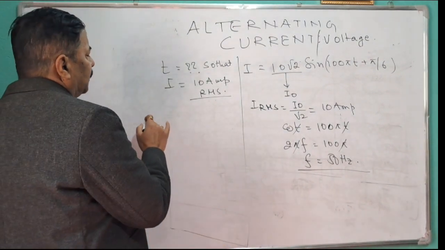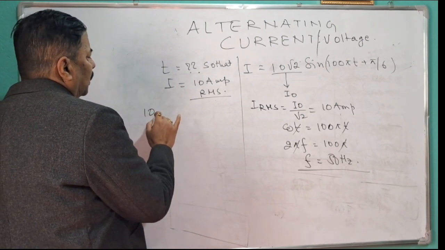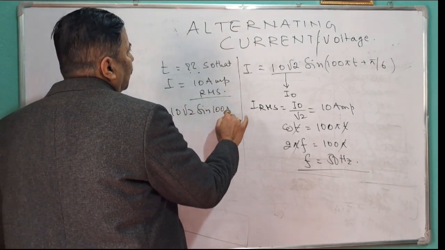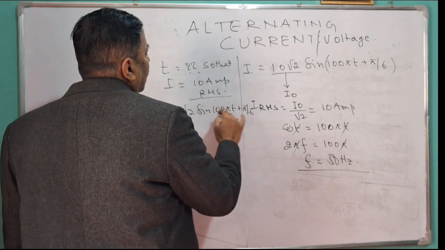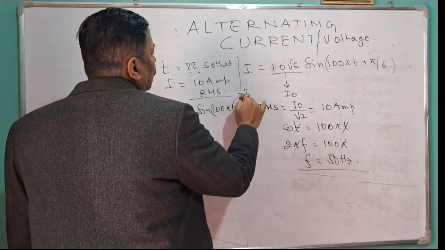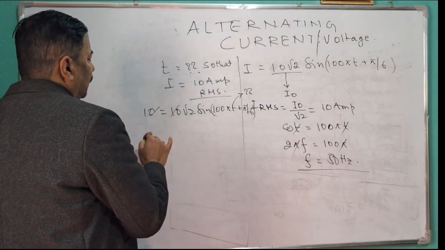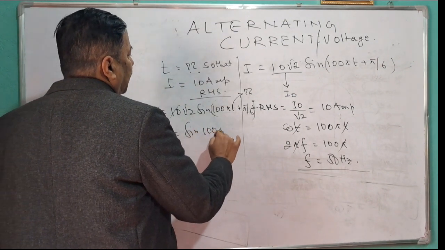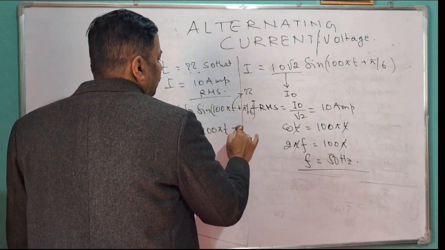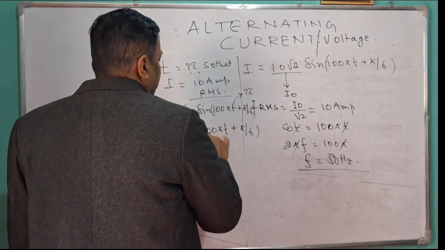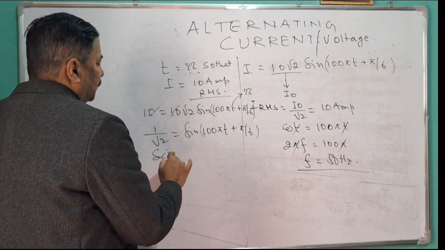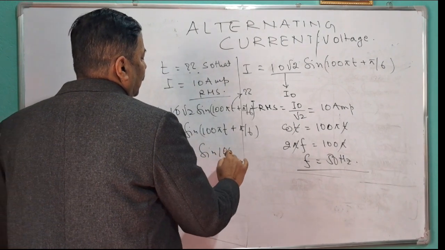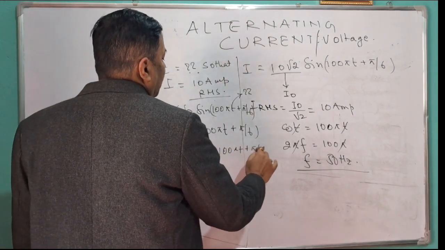So in this situation, 10 is equal to 10 root 2 sine (100 pi t plus pi by 6). This time you have to calculate. So 10 will cancel. 1 by root 2 is equal to sine (100 pi t plus pi by 6). This is giving you sine pi by 4.